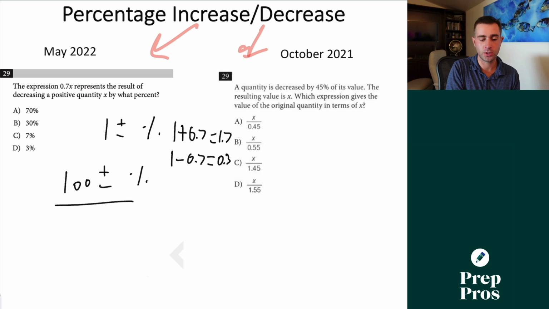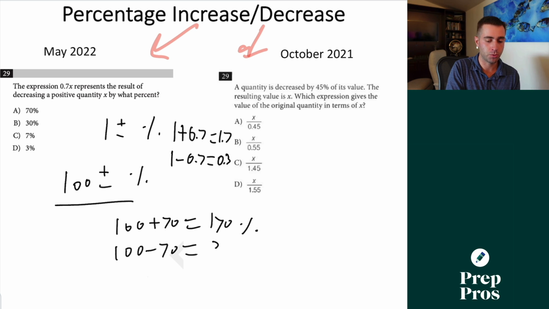I could also express this in terms of 100: I could do 100 plus 70, which would give me 170%, which is the exact same as the 1.7, just expressed in terms of a percent. Or I could do 100 minus 70, which would be expressed as 30%. But the whole part we need to understand is the 1 plus or minus, or the 100 plus or minus.